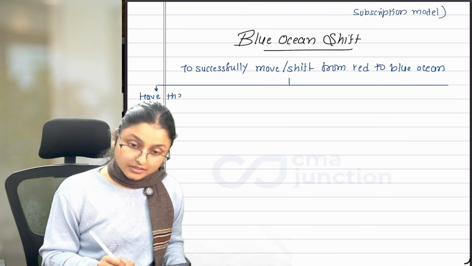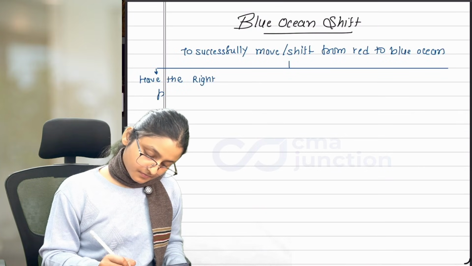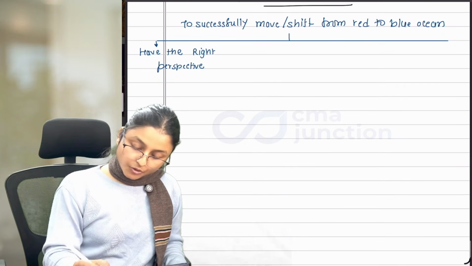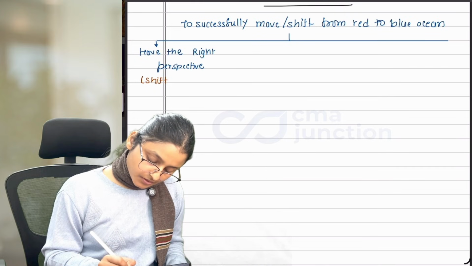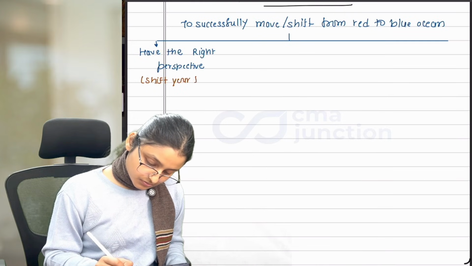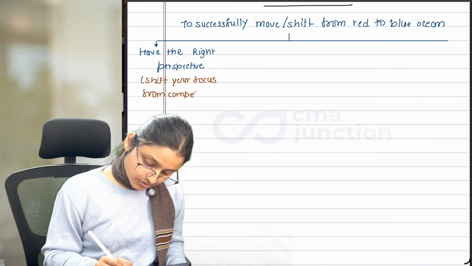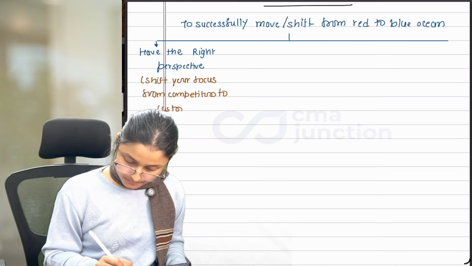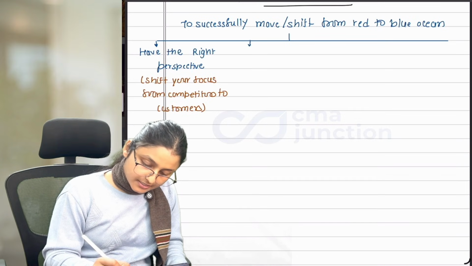Have the right perspective. How to have the right perspective? By shifting your focus from competitors to customers. Next is create a clear roadmap.